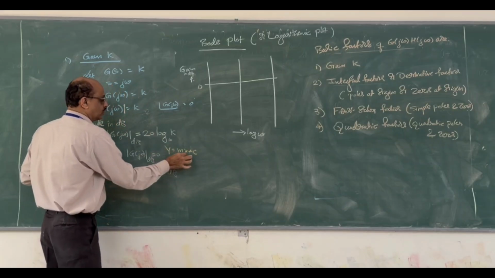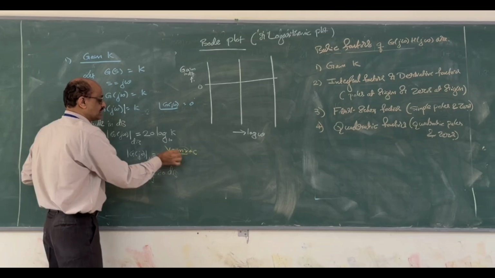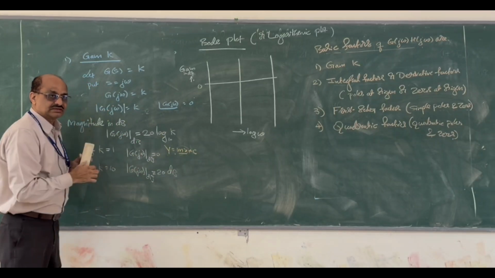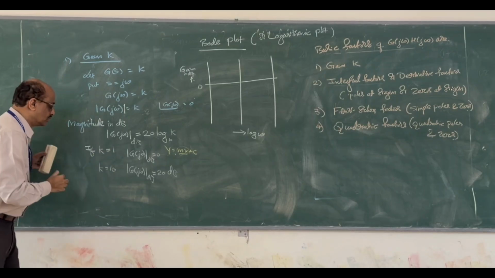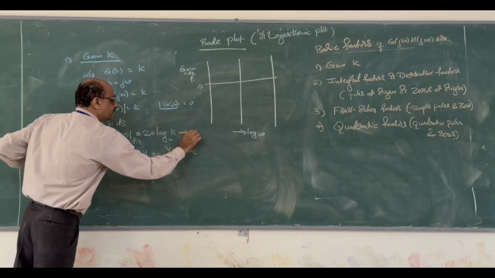Here I don't have log omega terms, so this is y equal to c form. If I differentiate this, you will get the slope equal to 0.